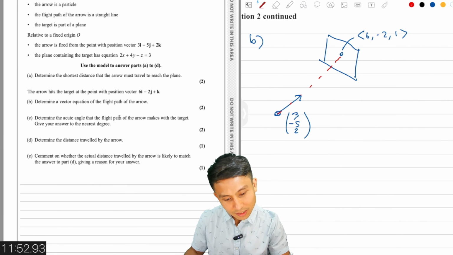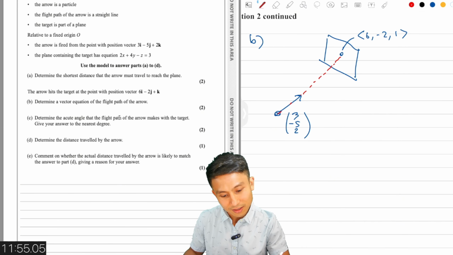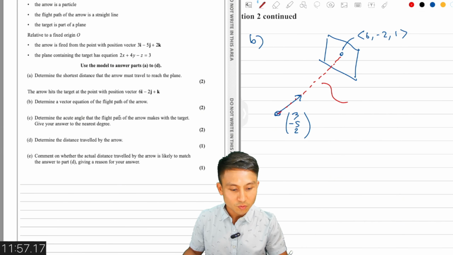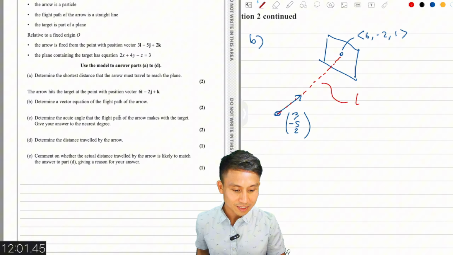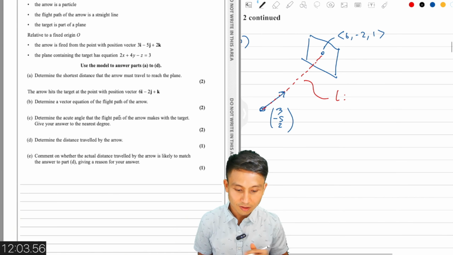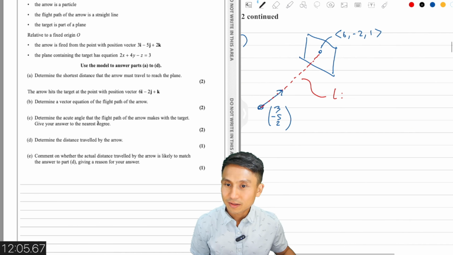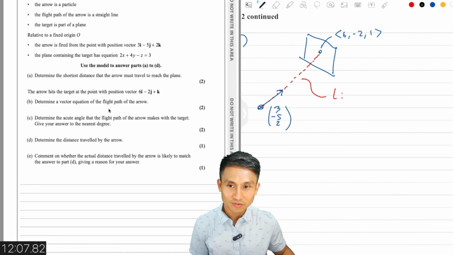So that's going to be a linear path, or a straight line. So we should find the vector equation of the line first. Let's say this is line L. And it asks you to do that, so that's fine.